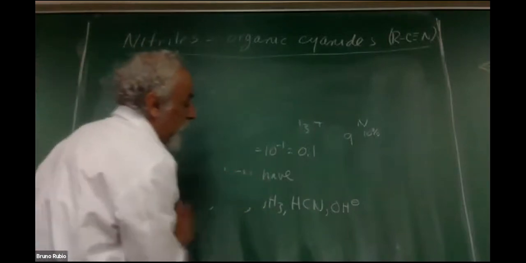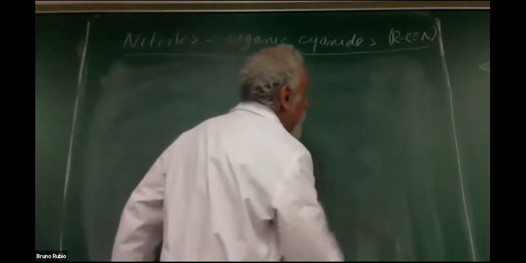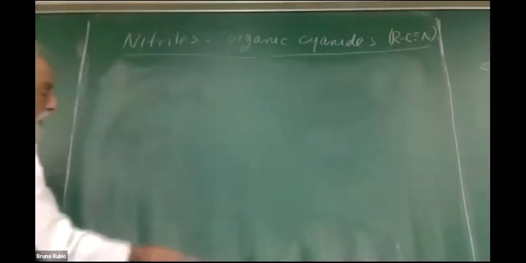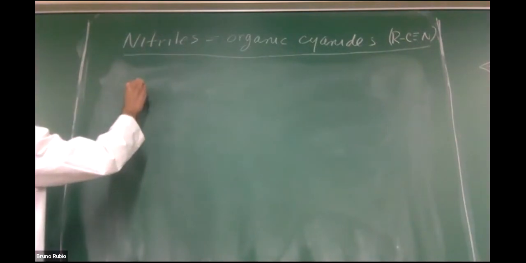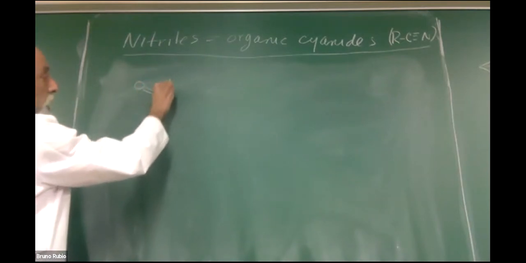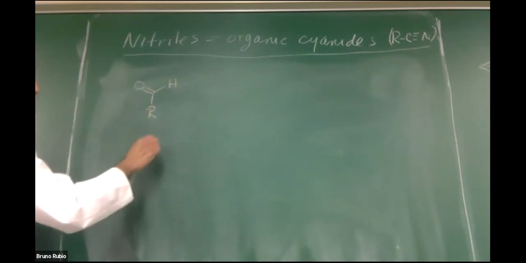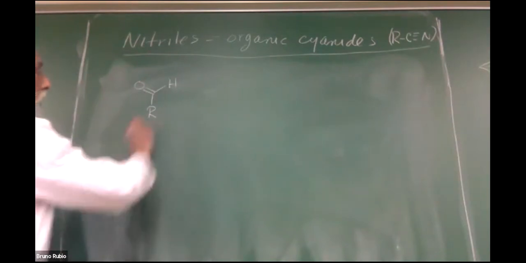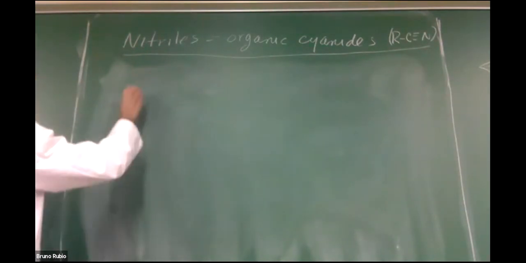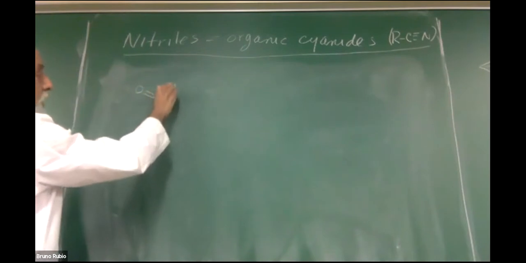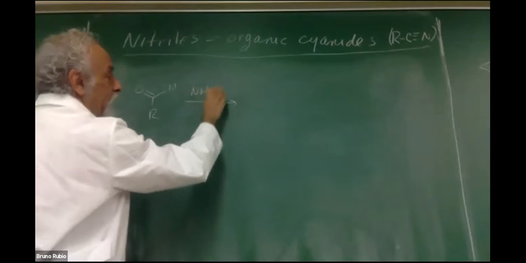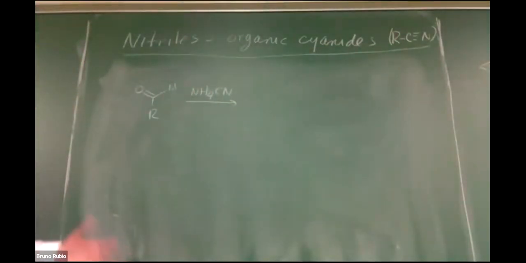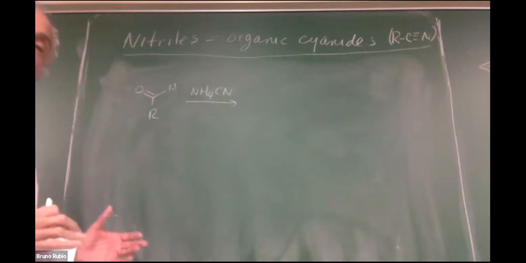Now we can turn to that Strecker synthesis, or continue talking about that. So we have the aldehyde. We start out with this aldehyde, and we add ammonium cyanide to it, and we know that ammonium cyanide has some NH3 in it.